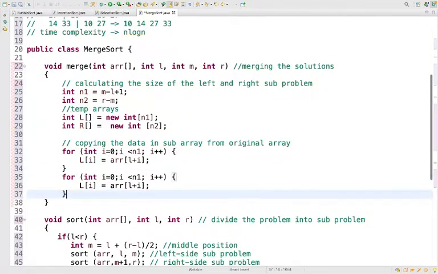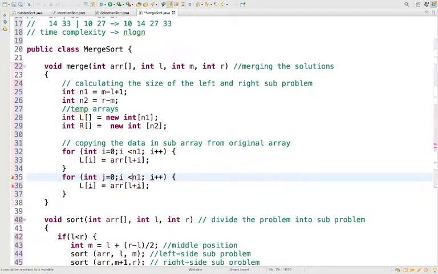Just copy paste it. This is for the left subarray. Now this is for the right subarray. When we say array, it's basically the problem, in proper terminology, that we have to use here. J, and this will be arr of M plus 1 plus J.